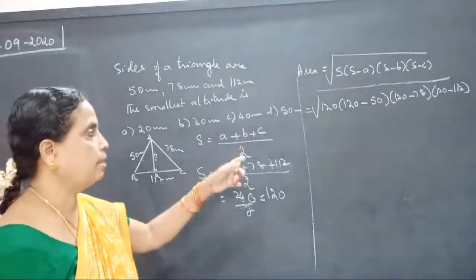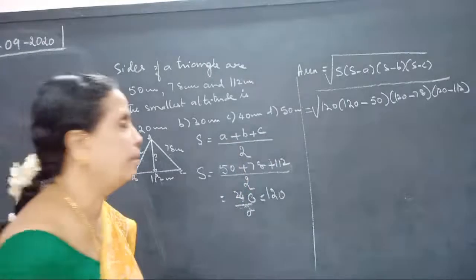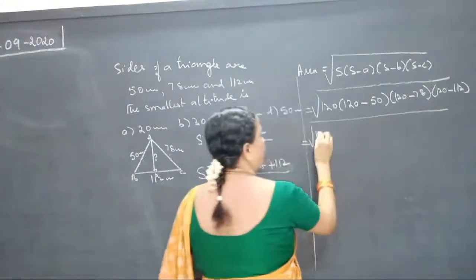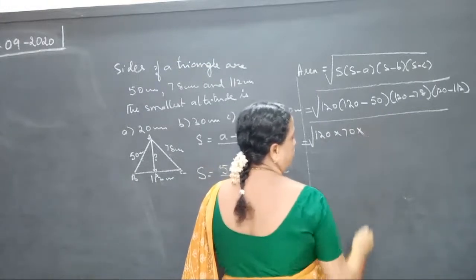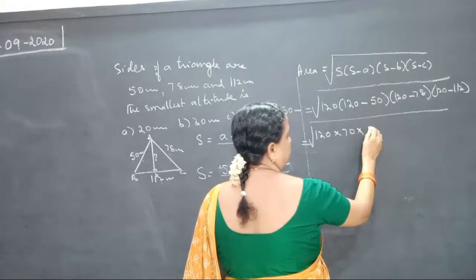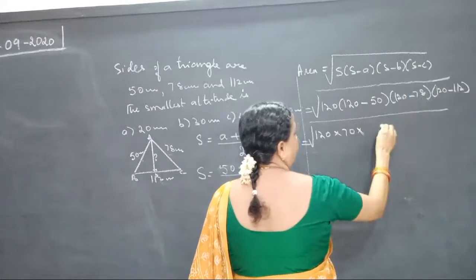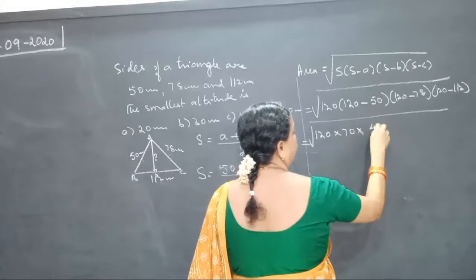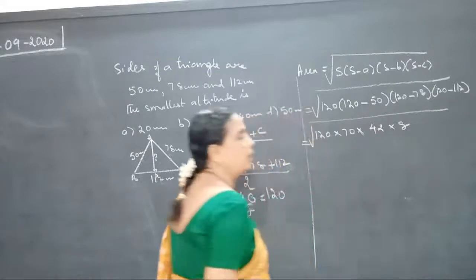So you will get root of 120 into 70 into 42 into 8, correct?